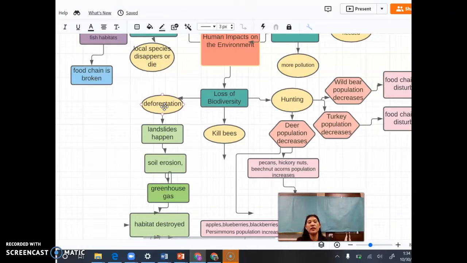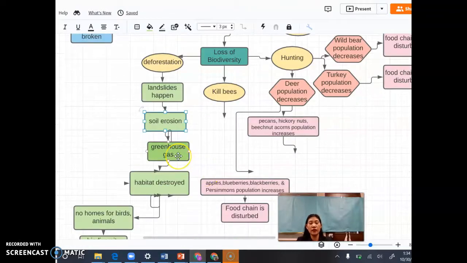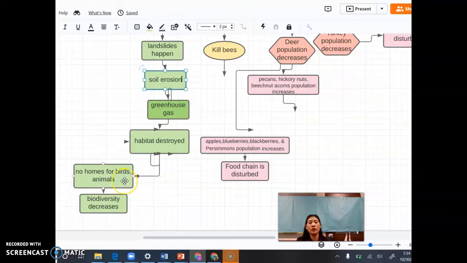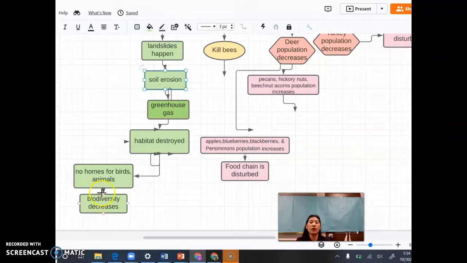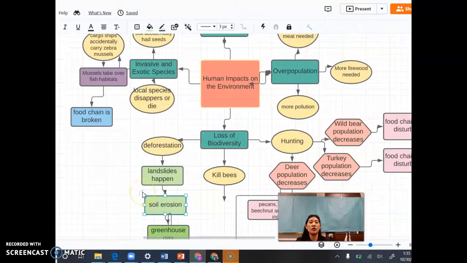Then landslides might happen, so soil erosion is one effect. Then greenhouse gases are another effect. Habitat is destroyed, and there are no homes for the birds or animals, so of course biodiversity decreases, or there is even loss of biodiversity.